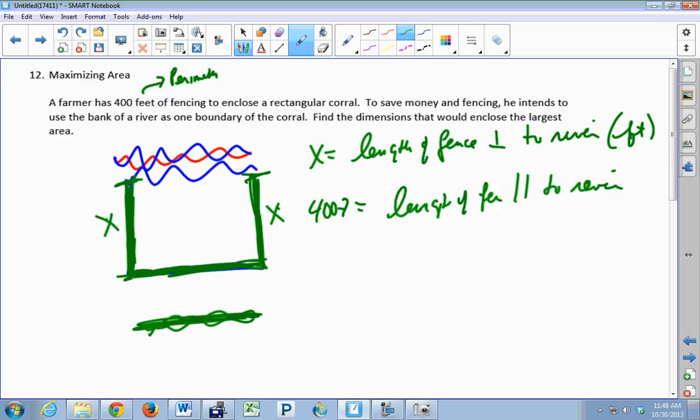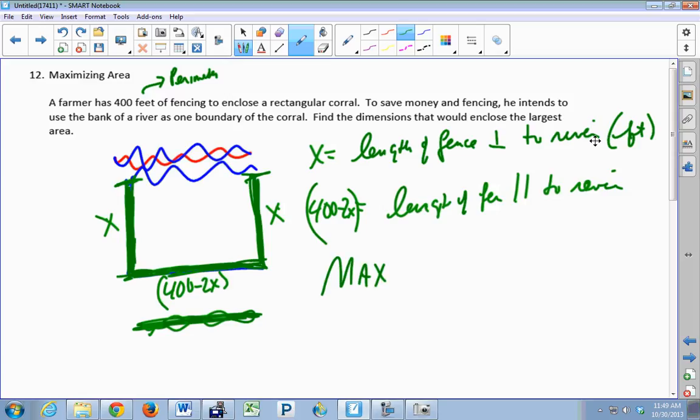So 400 minus 2x is what I'm going to have left. So that's how I represent the side that's parallel to the river. If x was 50, I'd have 50 and 50 is 100. I'd have 300 feet here. 400 minus 2 times 50. I have 300 feet left over. That's why it's subtraction.